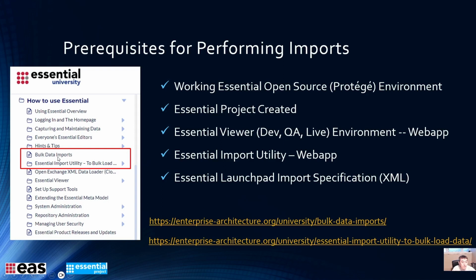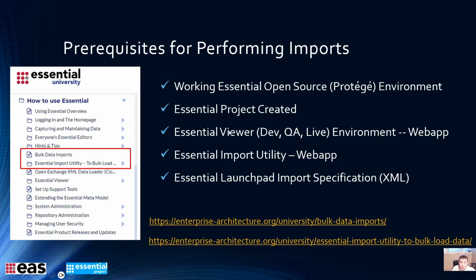One is the bulk data imports, including the cloud, Docker and operating systems descriptions. And then the Essential import utilities, primarily for the open source edition. That is a huge document. I have summarized it for you, and I will explain it later during our practice.